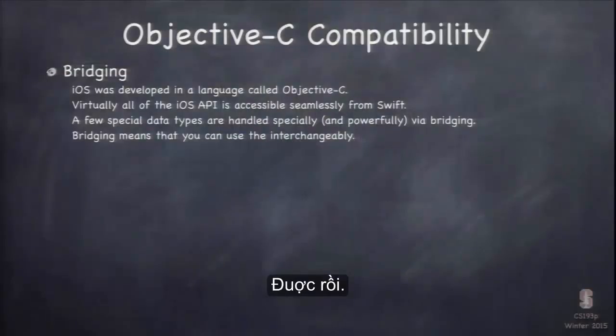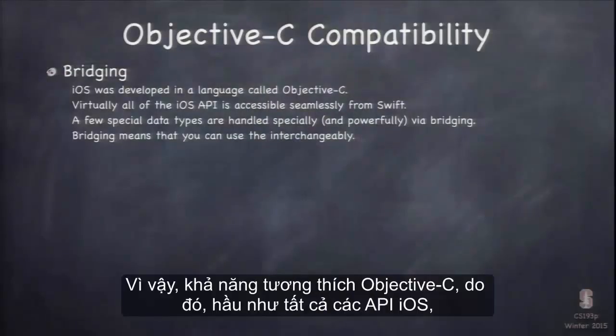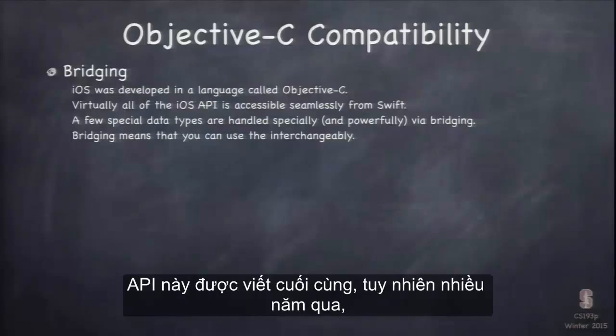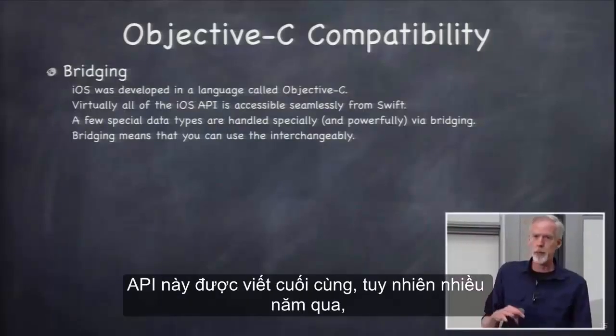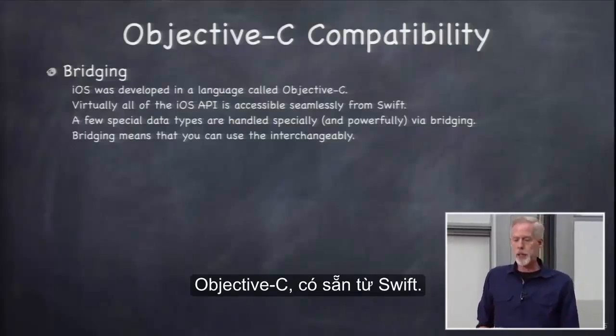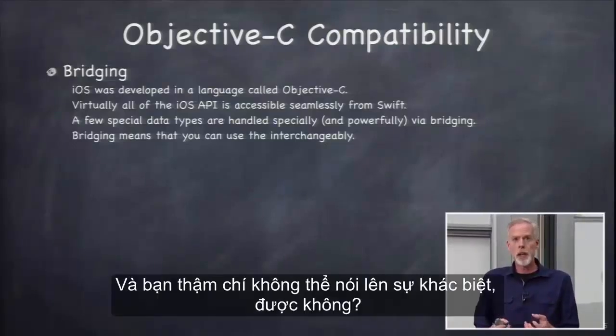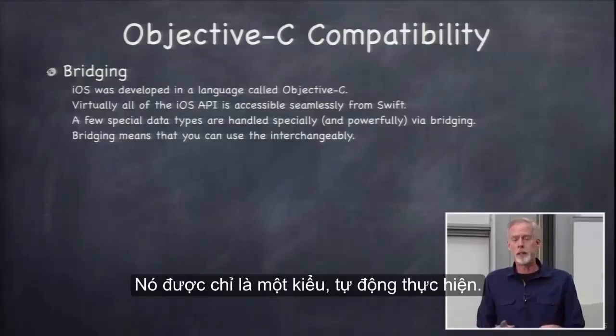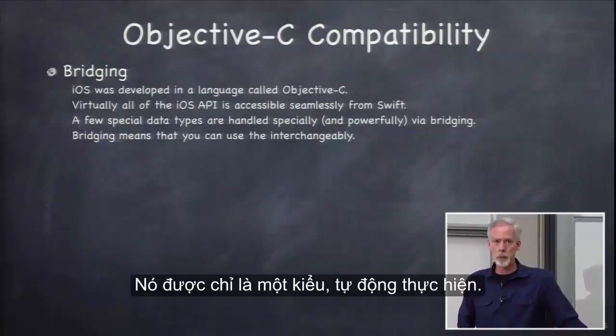Okay. So Objective-C compatibility. Virtually all the iOS API, this API that was written over the last however many years in Objective-C, is available from Swift, and you can't even tell the difference. Okay, it's just kind of automatically made available.